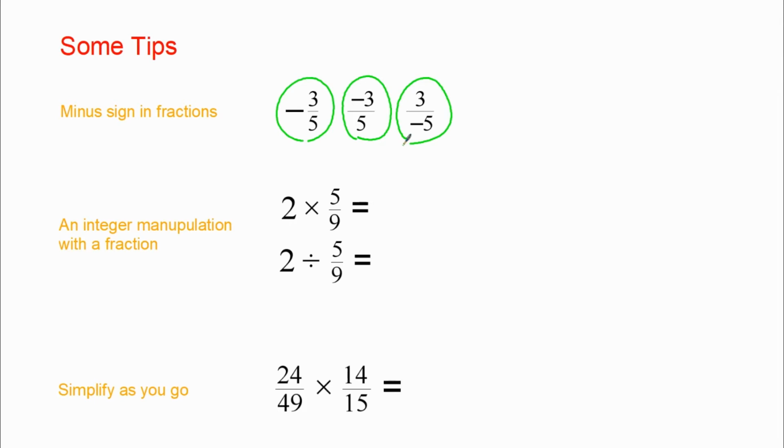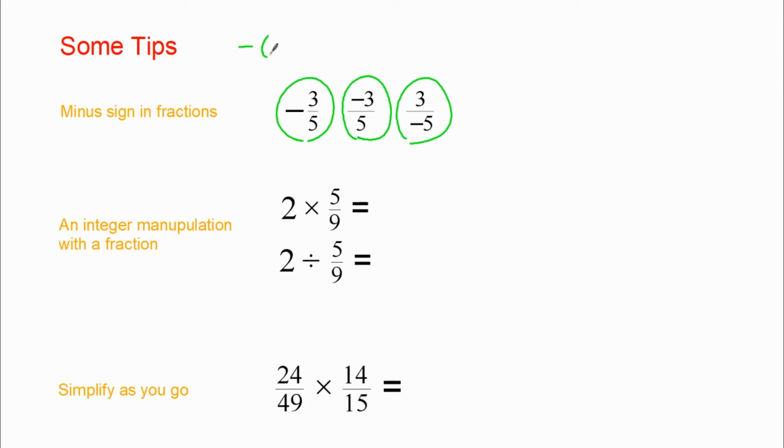There is no difference whatsoever in how we write these. All three of them are exactly the same. The reason is, as you remember, I said that a fraction, 3 over 5 for example, is 3 divided by 5.